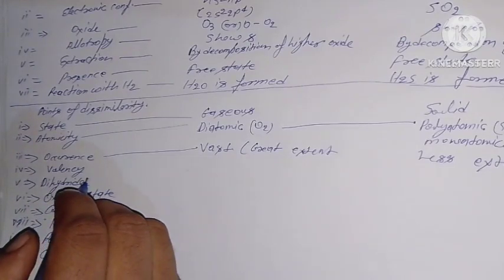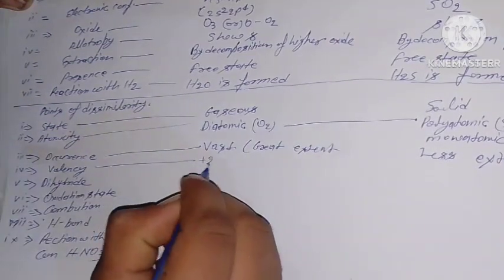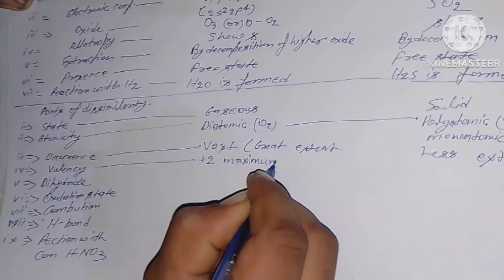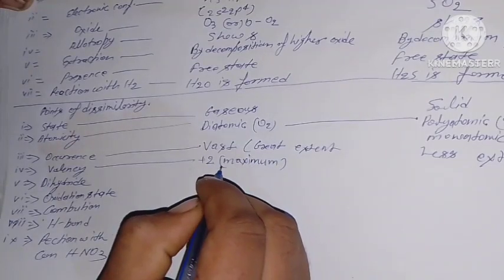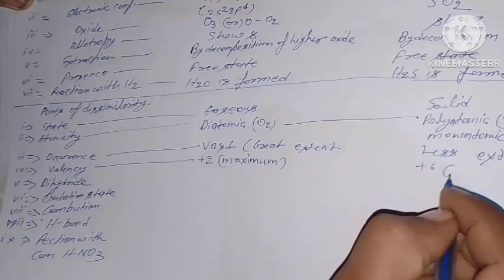Valency: oxygen +2 maximum, sulphur +6 maximum.